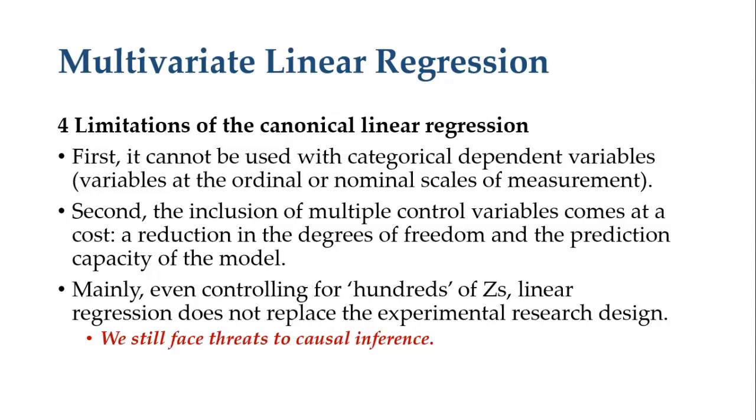And the final limitation is that if you don't have an actual experimental research design, you're still going to have problems of all other types of observational studies, which means that there might be other factors that actually explain your variable of interest.